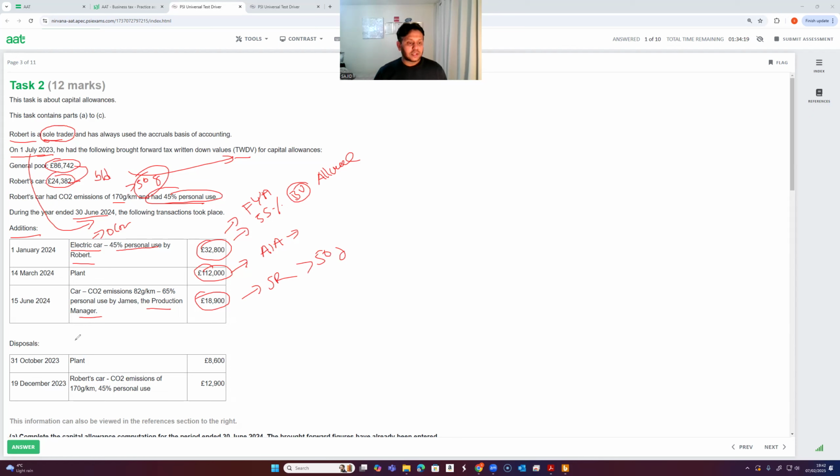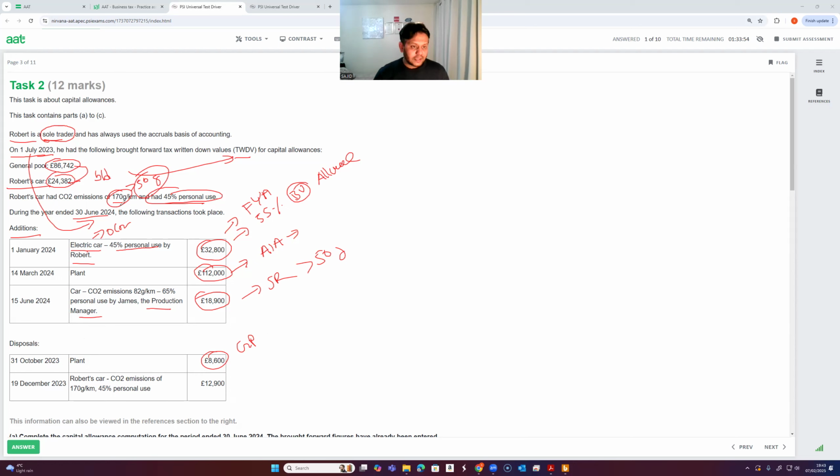And the disposal. So you have a plant disposal, 31st October 23. So this one will be from the GP, general pool, and the Robert car. Now this one you have to be very careful. Robert has two cars. One is the 45 electric car, and the first one was the Robert car, that was 170. They give this information intentionally.